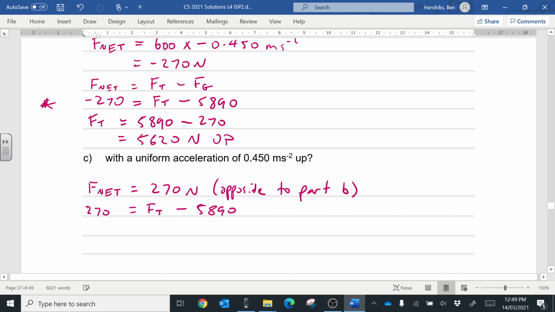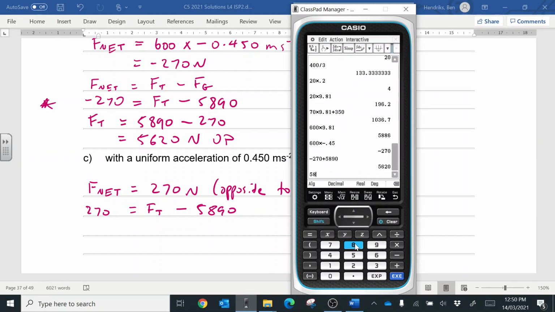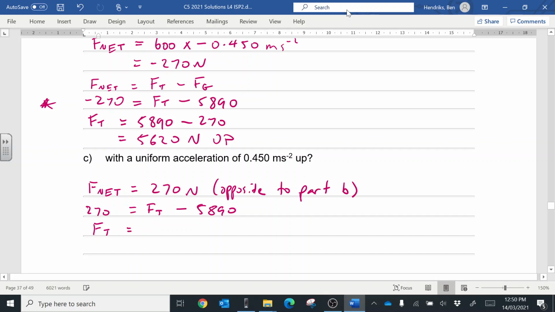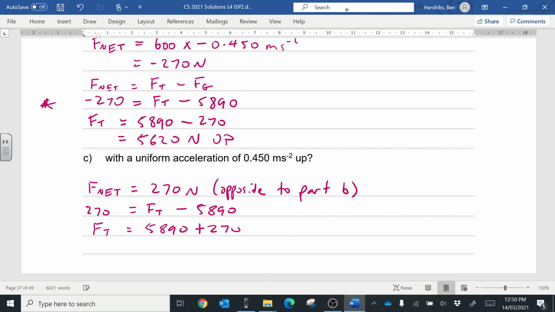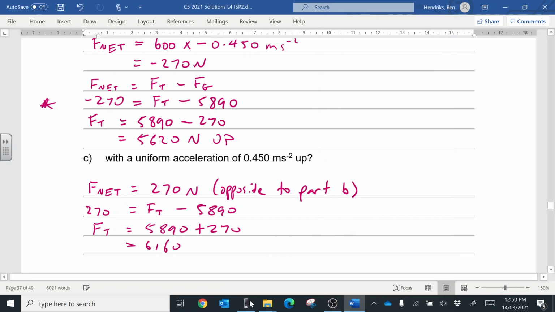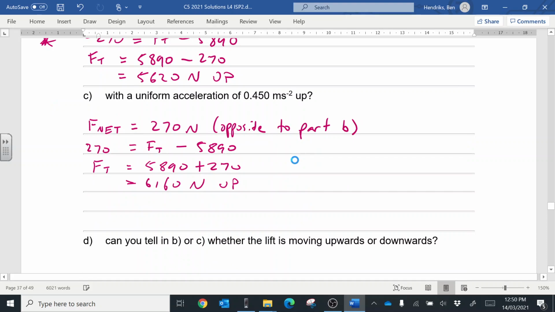So this time we'll add them together. 5,890 plus 270 equals 6,160. So Ft is 6,160 newtons up.